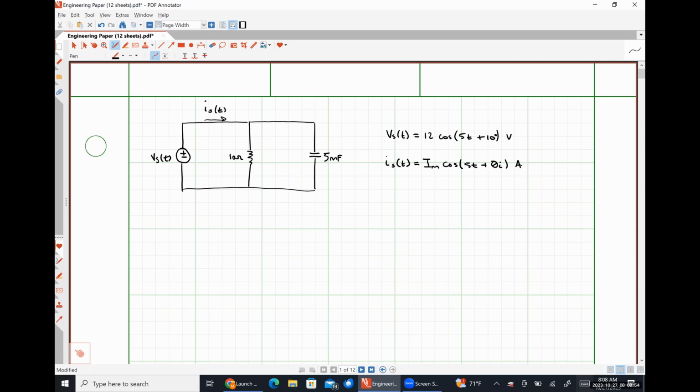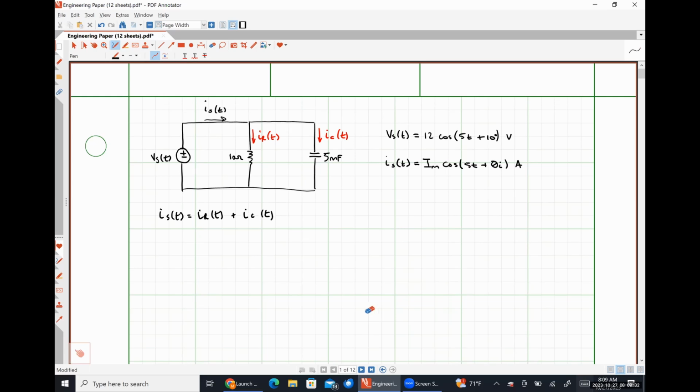Okay. So with that in mind, I'm going to approach this problem by using Kirchhoff's current law. So I'm going to say that this current flowing down through the resistor is IR of t. This current flowing down through the capacitor is IC of t. And applying Kirchhoff's current law, we find that Is of t is simply IR plus IC.